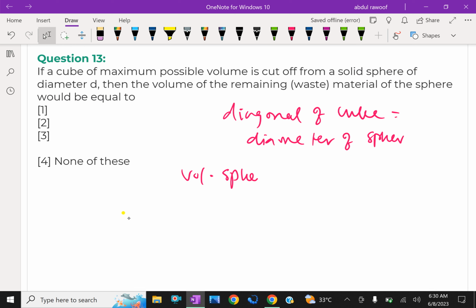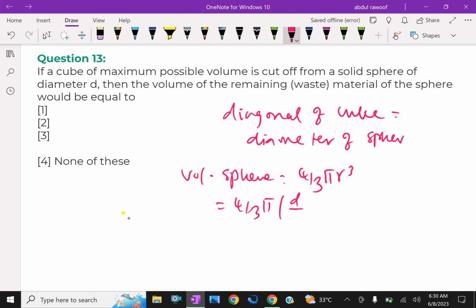volume of sphere equal to 4 by 3 pi r cube, which is equal to 4 by 3 pi, r is the diameter d by 2, therefore the volume of the sphere is 4 by 3 pi d by 2 cube, which is equal to pi d cube by 6.